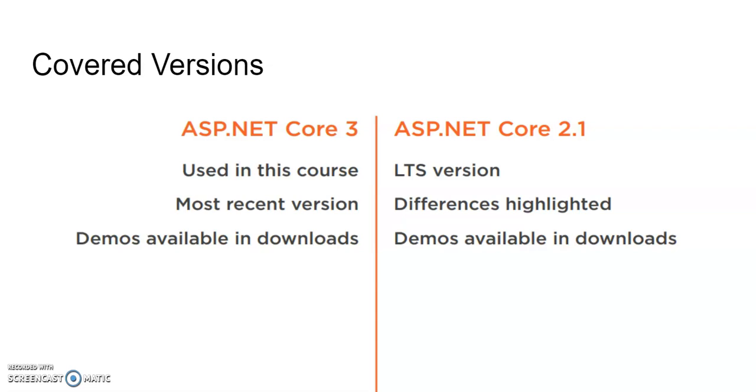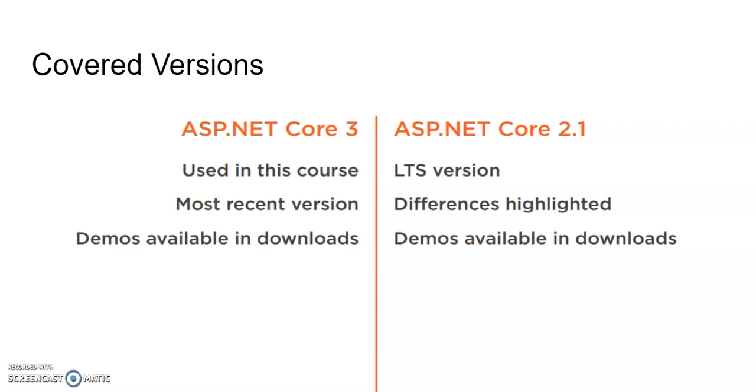Microsoft has announced some time ago that ASP.NET Core 2.1 will be an LTS, that means a long-term support version. This means with this version you will get technical support from Microsoft for the foreseeable future, so you can keep using it for production applications.